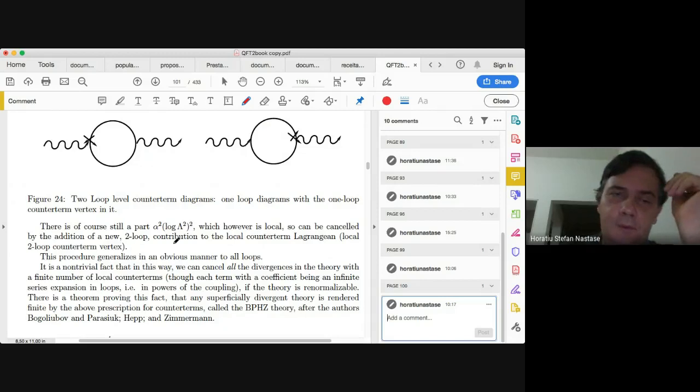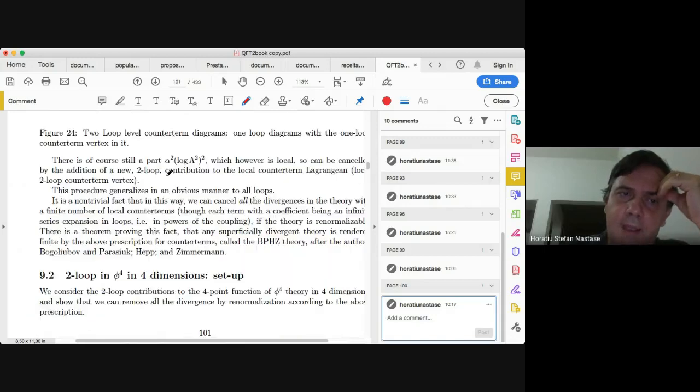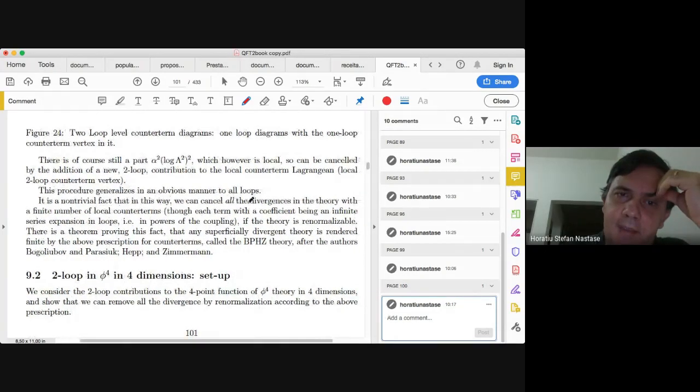So this procedure that I described for you today generalizes in an obvious manner to all loops. It just becomes more cumbersome, more complicated, but it's the same idea. And it is a non-trivial fact that in this way we can cancel all the divergences of the theory with a finite number of local counterterms, such that we can renormalize the parameters of the Lagrangian.